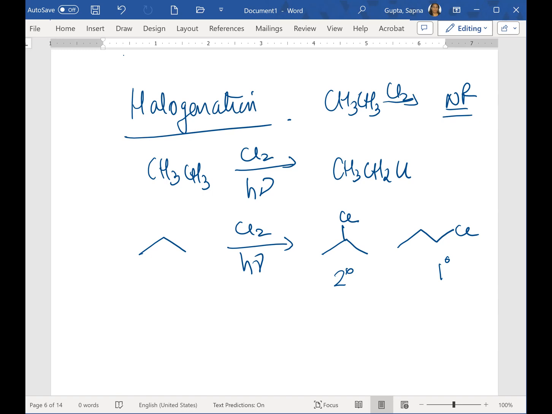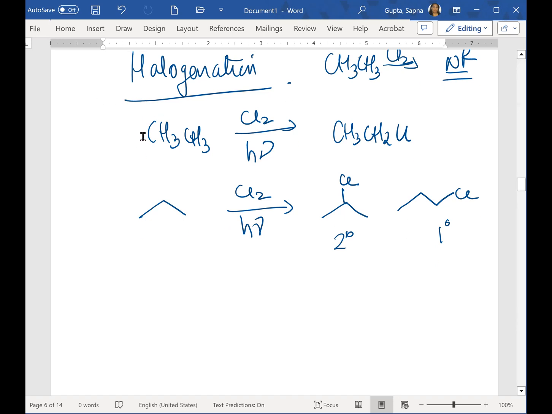Generally I will guide you as to what kind of product I'm looking for, so you don't lose your mind thinking, oh my God, what am I supposed to give here? I'll say give me mono-substituted halogenated alkanes, or give me di-substituted ones. How many will you form? I'll give you something to focus on, so you're not getting lost there.